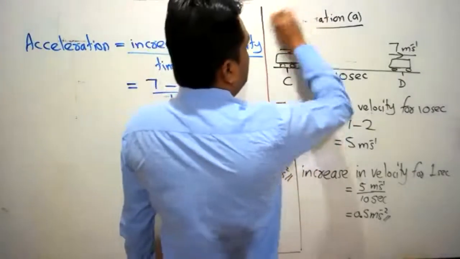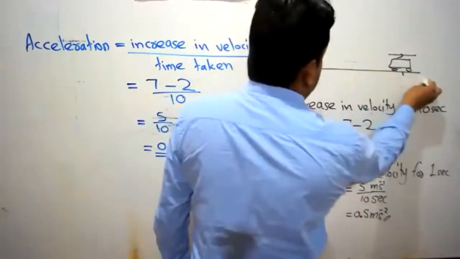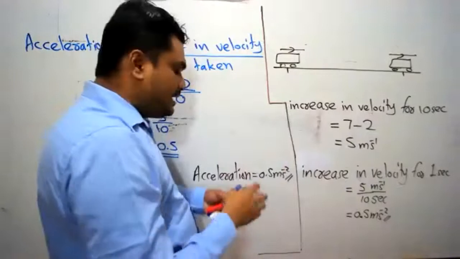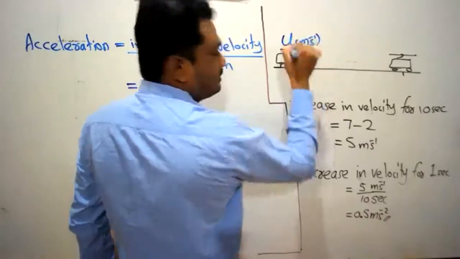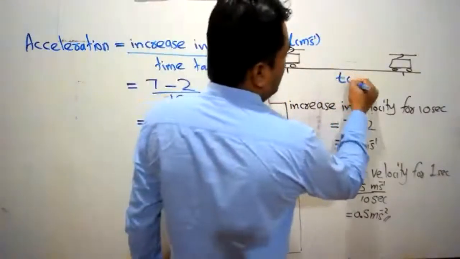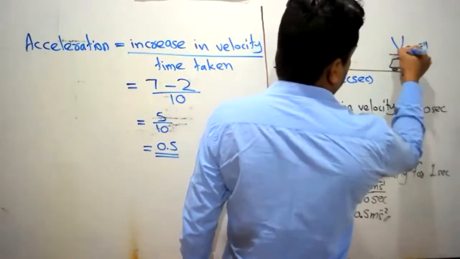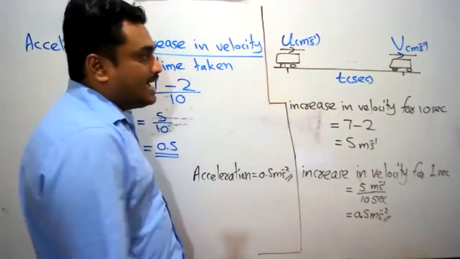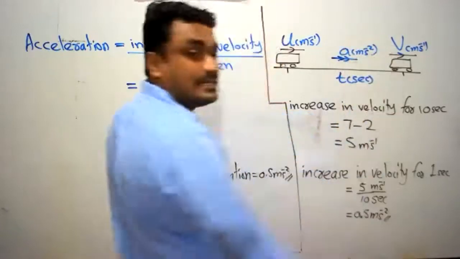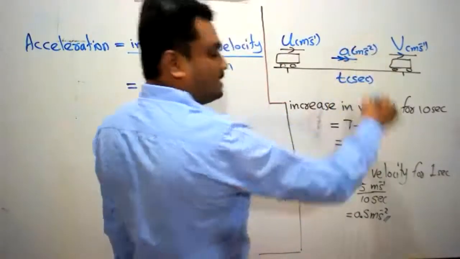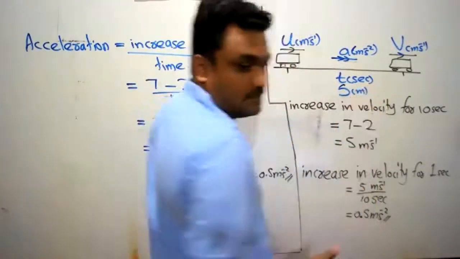To find the equations of linear motion, let me slightly change this figure. Let me take initial velocity as u meter per second, velocity after t seconds as v meter per second, the acceleration as a meter per square second, and the displacement for t seconds as s meter.